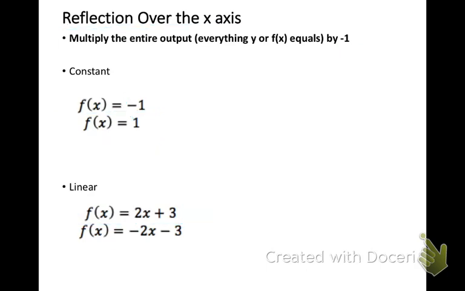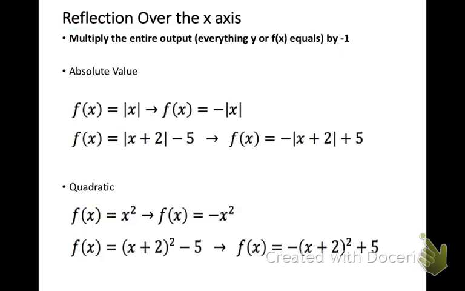With our absolute value function, we're going to do the same thing. Here's a very simple example. If f of x equals the absolute value of x, then we just multiply the output by -1, and we get f of x equals negative absolute value of x.